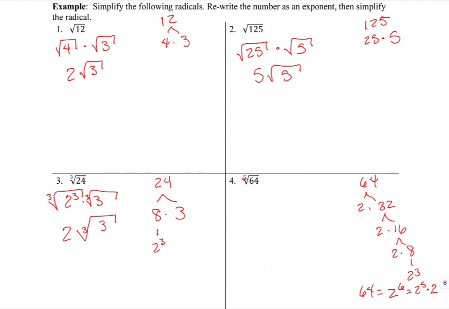Right, we got 6 because this is 1, 1, 1, and we had 3. So this is 2 to the 5th times 2, and these are 5th roots. So this is 2 times the 5th root of 2.